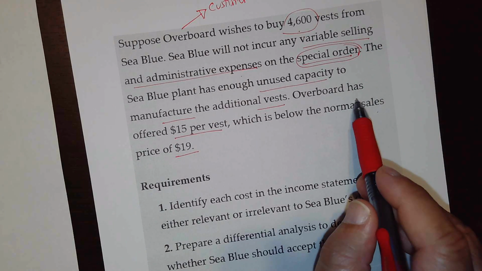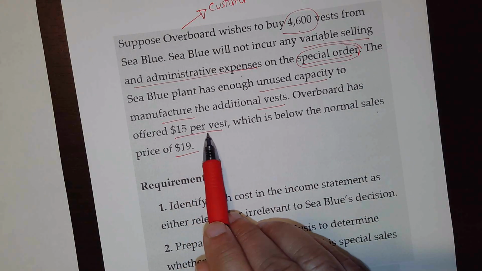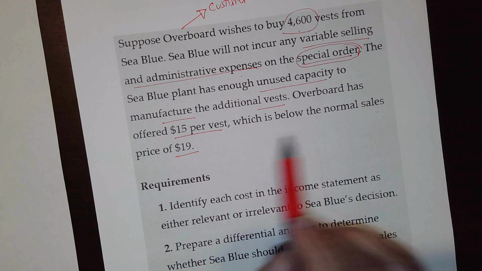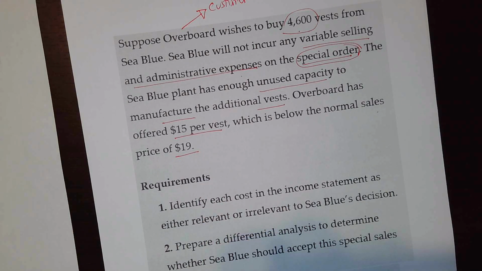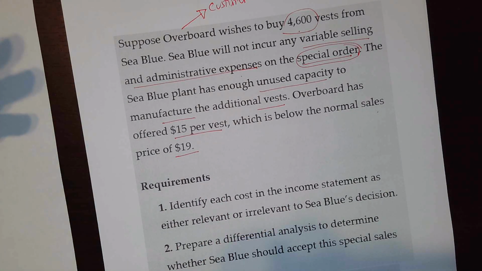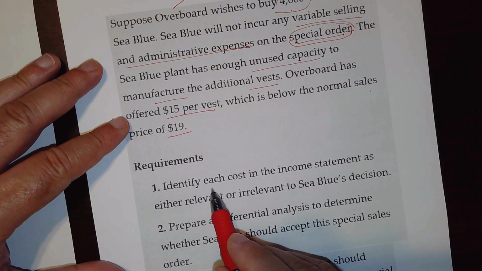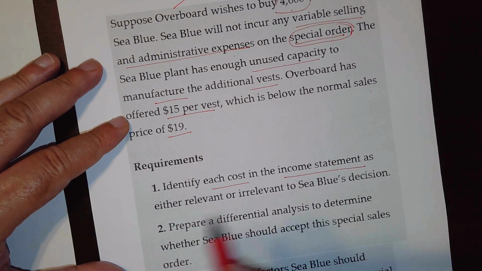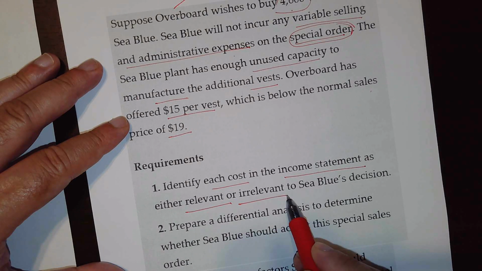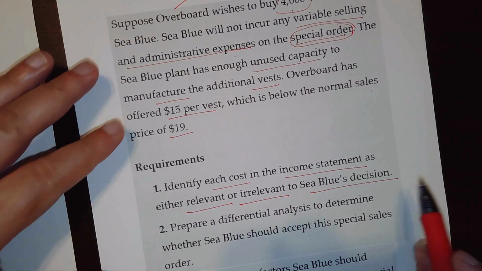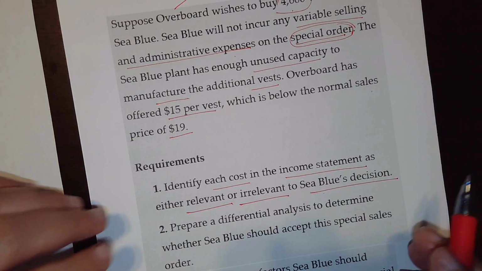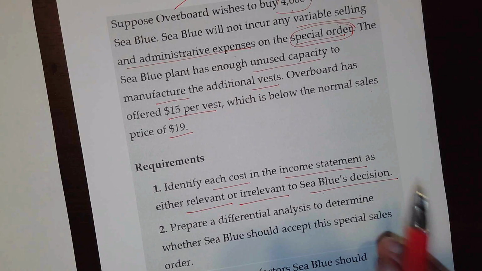However, Overboard has offered $15 per vest, which is below the normal sales price of $19. So we need to make a decision. Identify each cost in the income statement as either relevant or irrelevant to Sea Blue's decision. So what would be the costs that are relevant and irrelevant in this case?